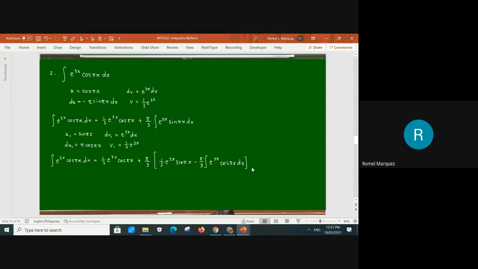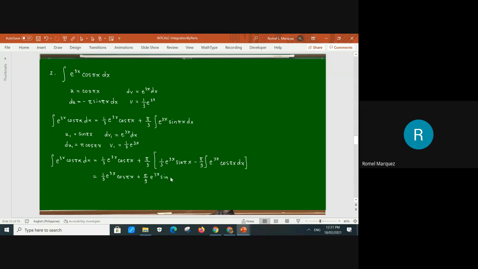Let's simplify first before we do that. 1/3 e to the 3x cosine pi x. My pen is running out of ink. Then we have pi over 9 e to the 3x sine pi x.